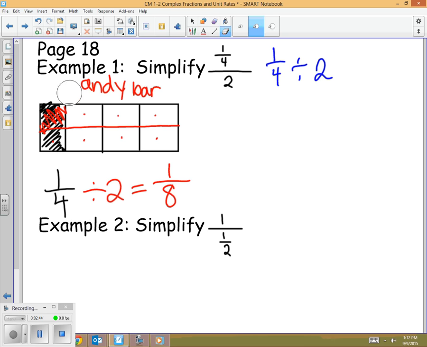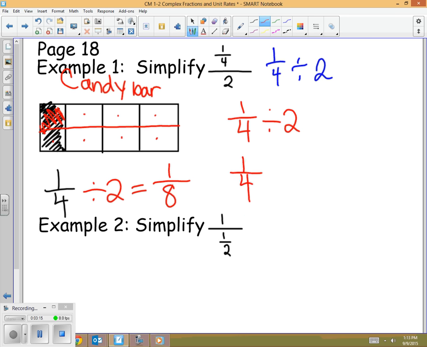Now, the next way you can solve this is the traditional algorithm. And the way I solve this traditionally is to rewrite the fraction 1/4 divided by 2. You may have learned this in years past, but hopefully now you have a better understanding of what it means. When we have 1/4 divided by 2, the traditional algorithm teaches us that we can write 1/4 and keep it the same because that's our total that we're starting with.